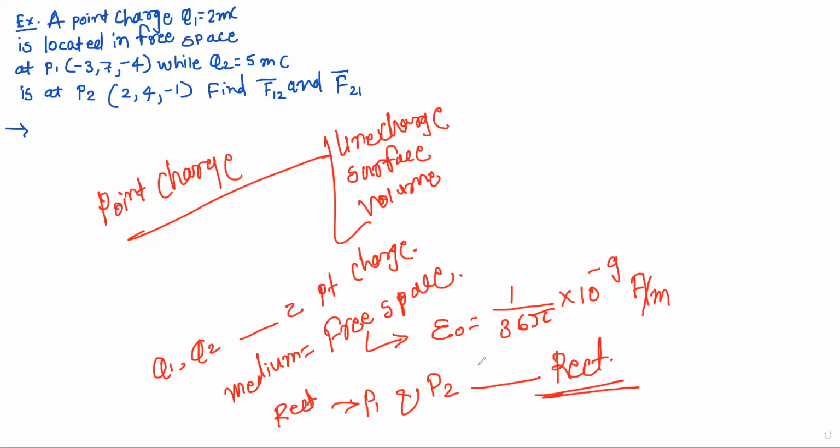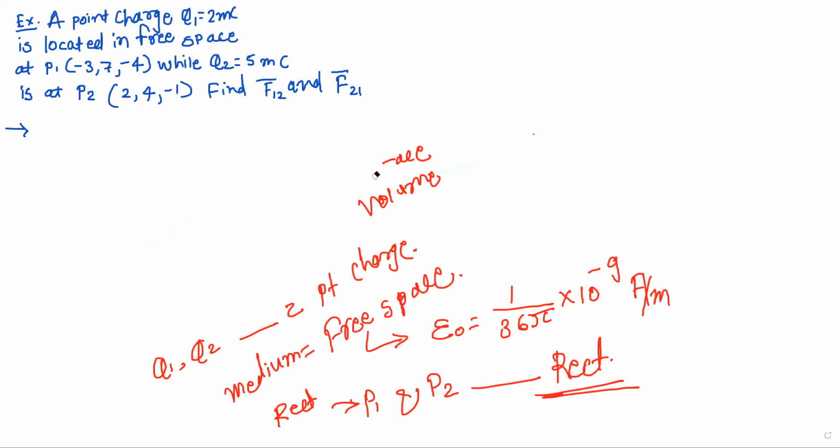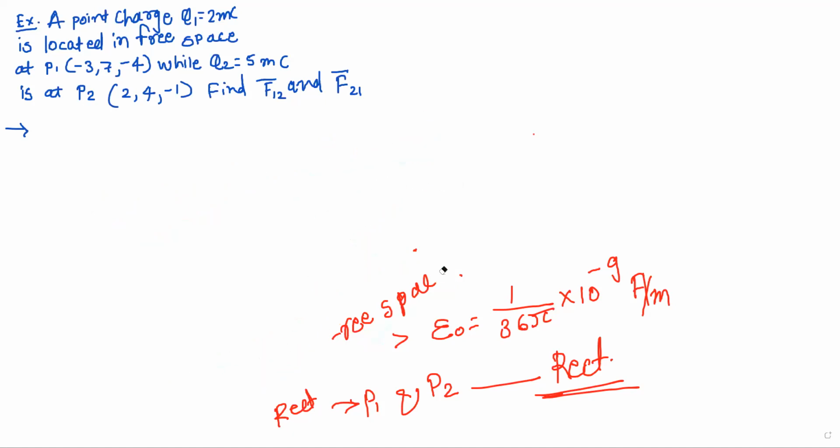In that case, you have to convert back into a rectangular coordinate system, and then you can find the vector. Now let's solve this example by using those 3 steps.